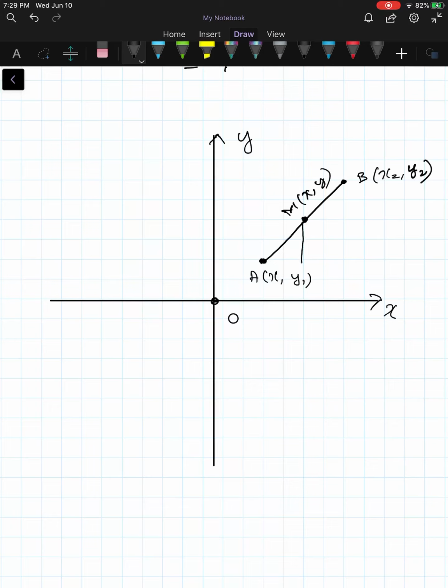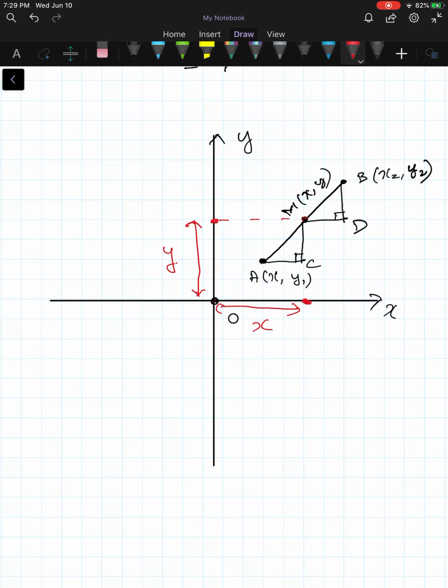So for that I will draw two right angle triangles like this. Where the right angles are here, name the vertices as C and D. So now we know that the distance from the origin to this point is nothing but x, because we have defined M to be here, and the distance from origin to this point is y.